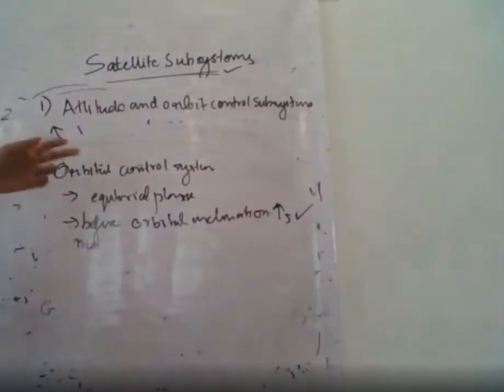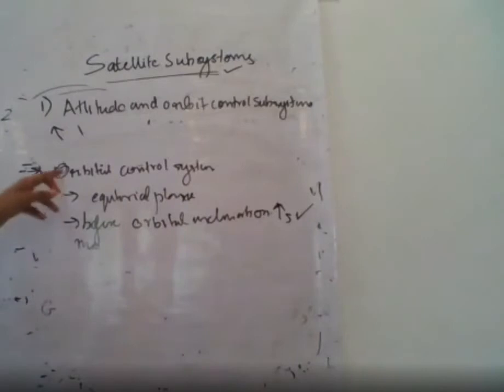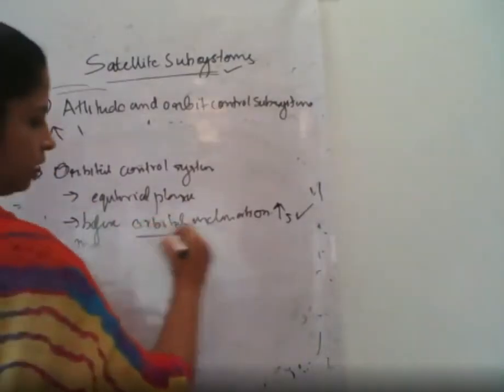So the orbital control system is responsible for moving the satellite back to the equatorial plane, and it should be moved back before the orbital inclination increases.